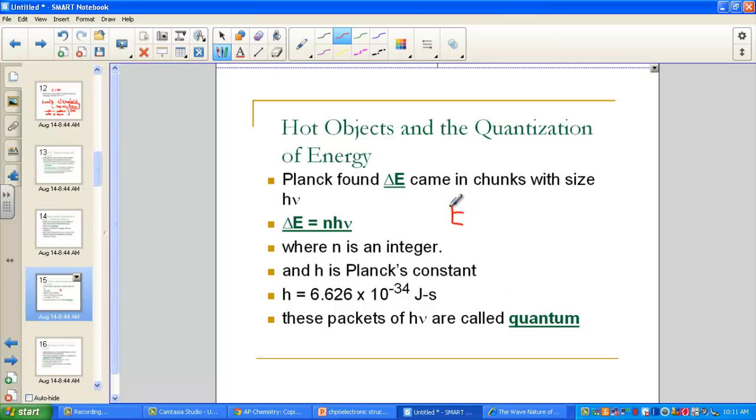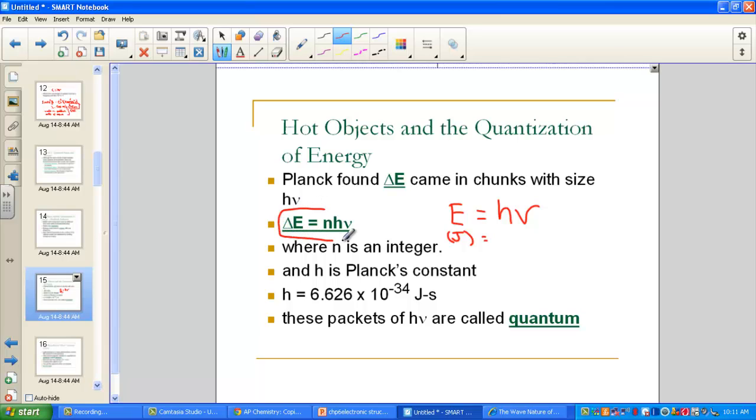Here we have a simple mathematical formula, E equals h nu. E stands for energy. We know energy is measured in joules. h is a constant known as Planck's constant. And nu, of course, is the frequency at which the radiation is being emitted.